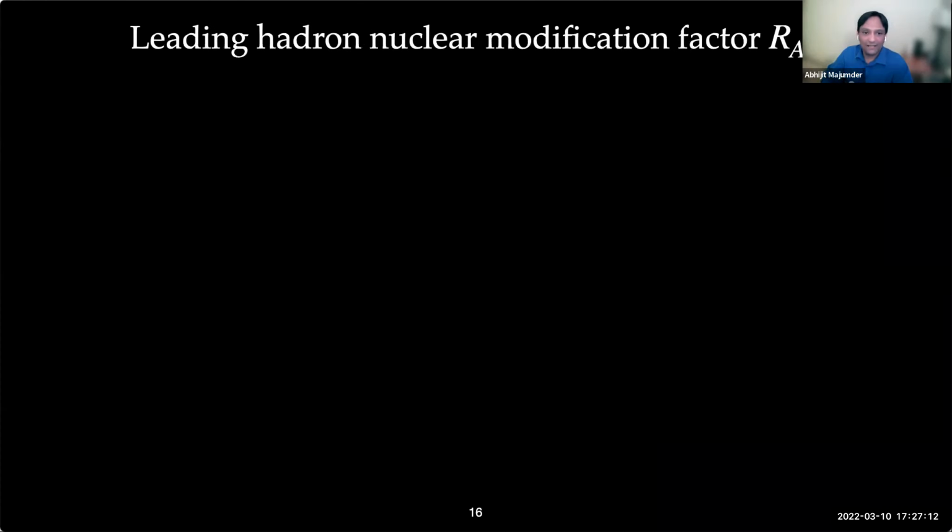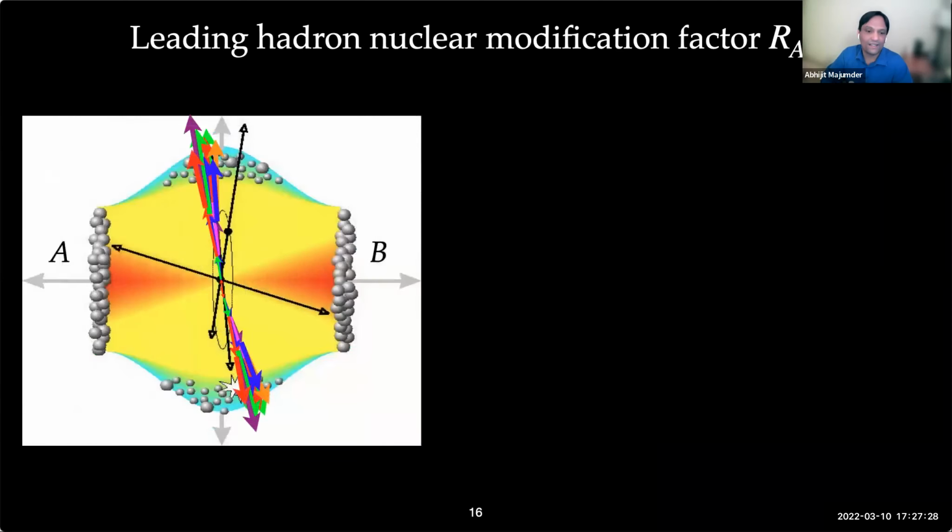The object that we will keep comparing with in the experiment often will have the form of a ratio, which we call the nuclear modification factor. Not everything is going to be a ratio, but you'll see a lot of these ratios, which we call RAA.